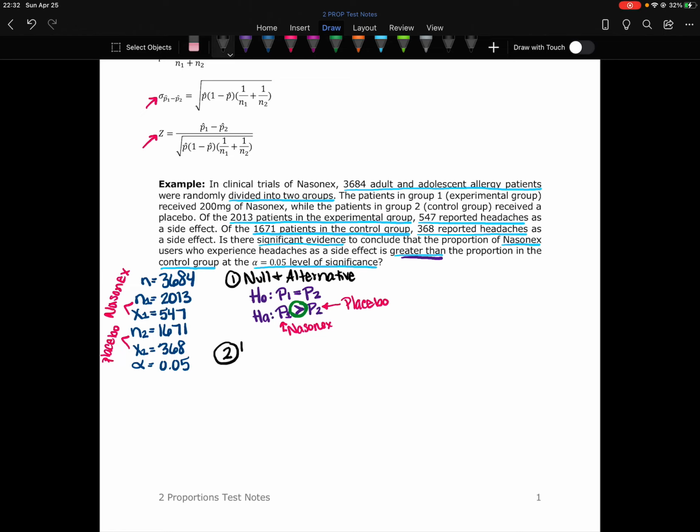So I'm going to use Excel to find my test statistic and my p-value. So that's steps 2 and 3 of our hypothesis testing steps. And then we're also going to use Excel to get our p-value.